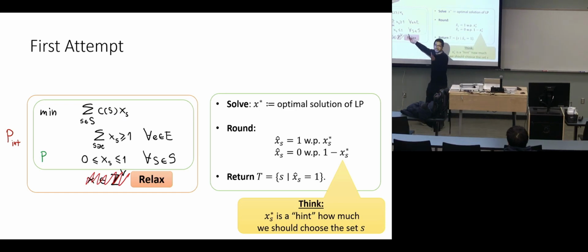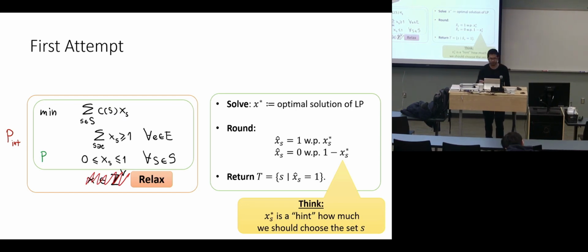If it is close to 1, then you should choose it. If it's close to 0, maybe you shouldn't choose it. So what I do is set it to 1 with probability X star S. Otherwise, I set it to 0. Once you round this, there is a natural way to define your collection: anything that you set to 1, you put into your collection.